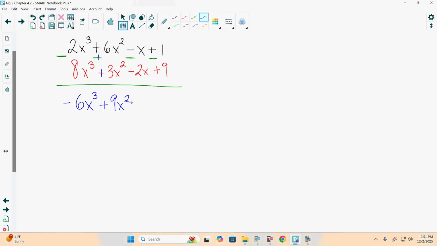Well, the negative and negative make a positive. Negative x plus 2x, negative 1 plus 2 is going to be plus 1, positive 1 or plus x. And lastly, 1 minus 9 is negative 8. Negative 6x cubed plus 9x squared plus x minus 8 is our final answer.